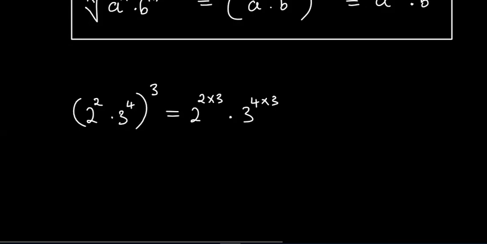Notice each one of them is being multiplied. So then you are going to have 2 to the exponent of 6 and 3 to the exponent of 12. By doing that, you have raised the powers.